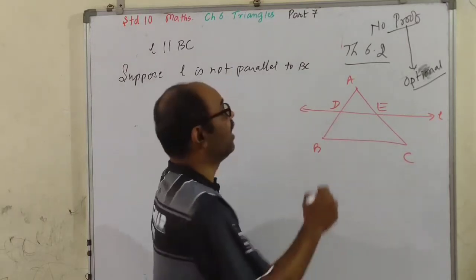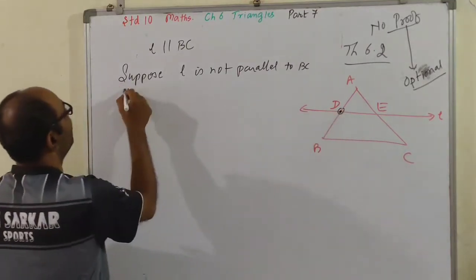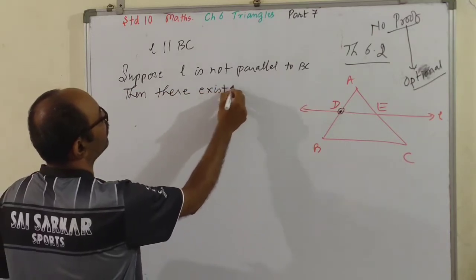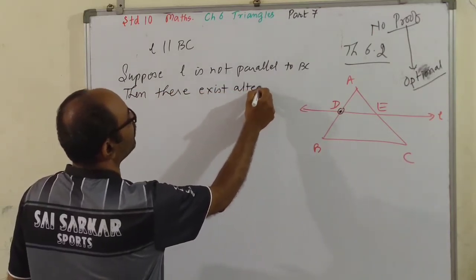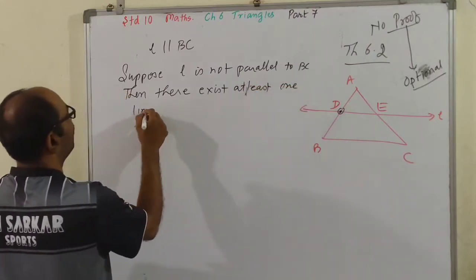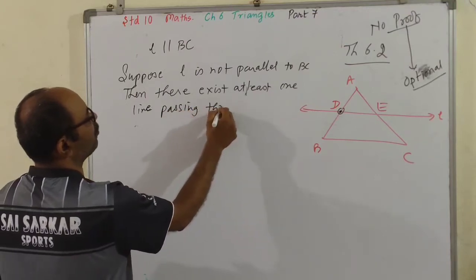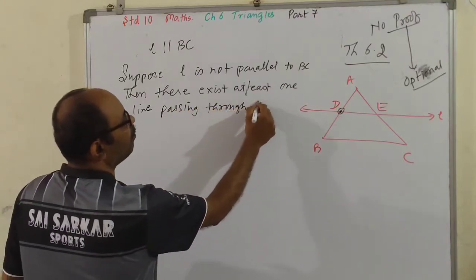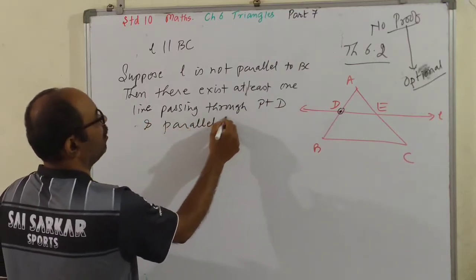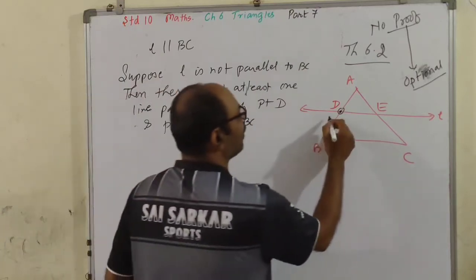Then there exists another line passing through D. Then there exists at least one line passing through what? Point D and parallel to BC. And that line is this.